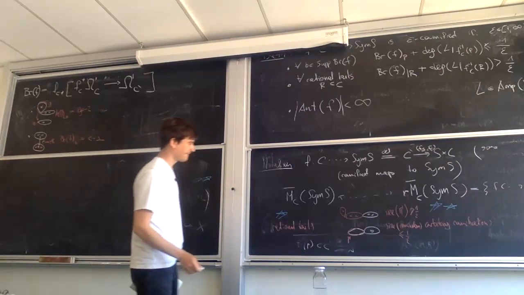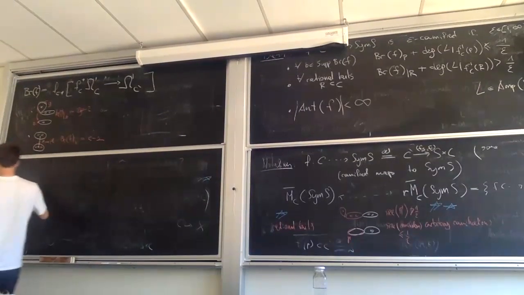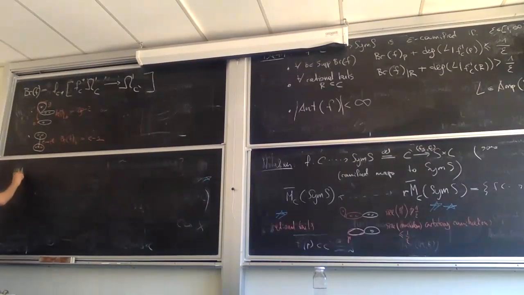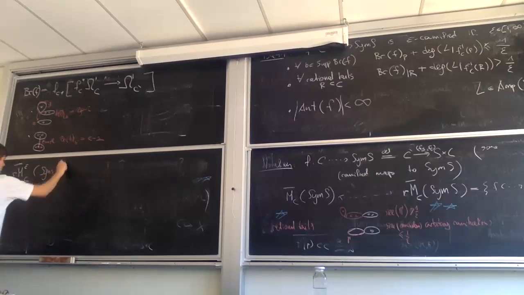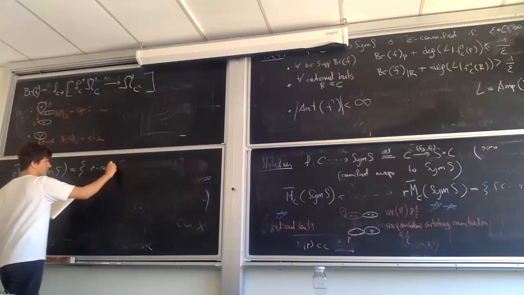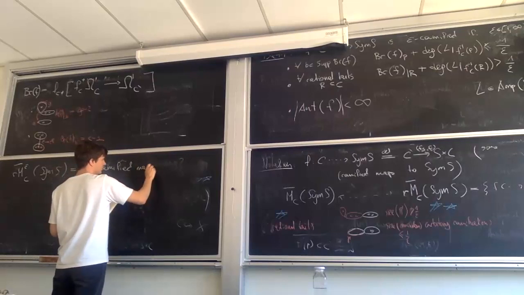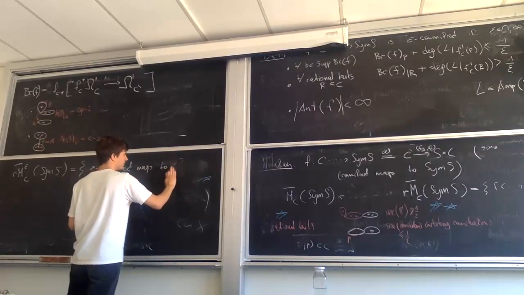And so now you define this ramified epsilon stuff. So ramified epsilon maps to the symmetric product. So this is just epsilon ramified maps to the symmetric product.